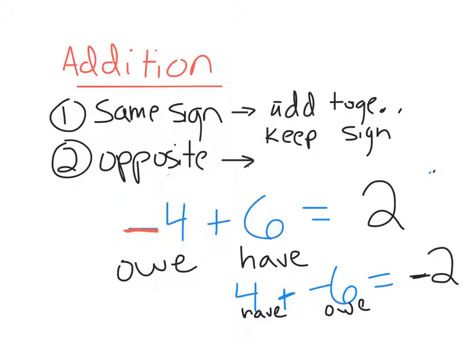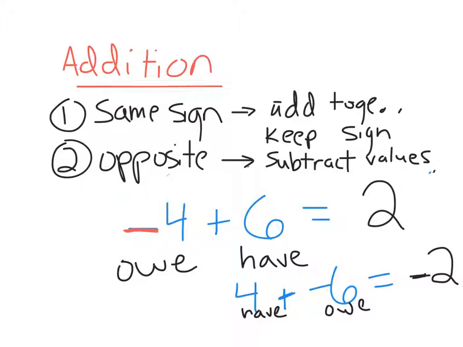So a way that we can actually think about that without really having to think about money that I owe and money that I have every single time, what you could do is tell yourself this. Anytime we have opposite signs, what we're technically doing is we are subtracting their values. I'm just going to write values, meaning not including, we're going to get into absolute value in just a little bit, but values meaning that I'm not looking at their positive and negative signs at all.